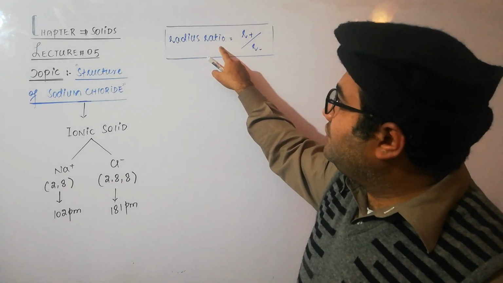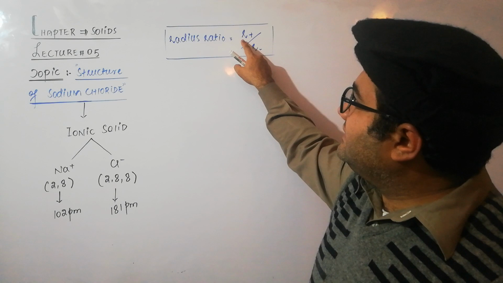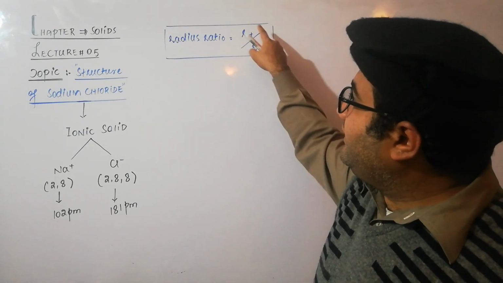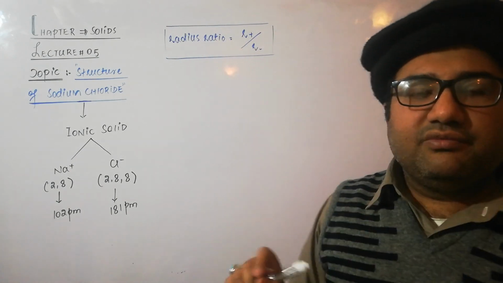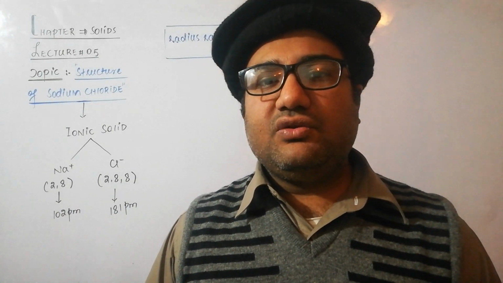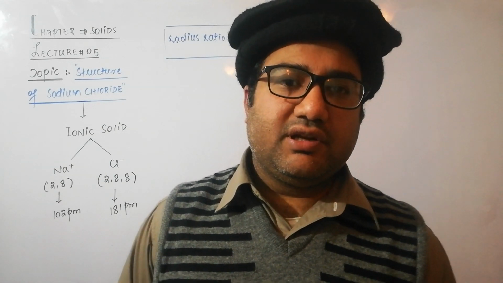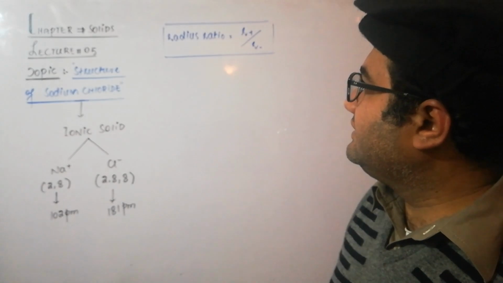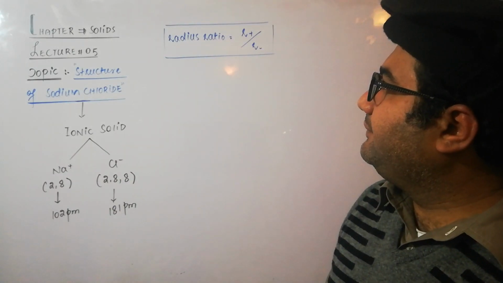Greater the radius ratio, it means larger will be the cation, and larger the cation and greater the radius ratio means greater will be the coordination number. So radius ratio is actually directly proportional to the coordination number. What is meant by the coordination number? We are going to discuss it in short duration of time.